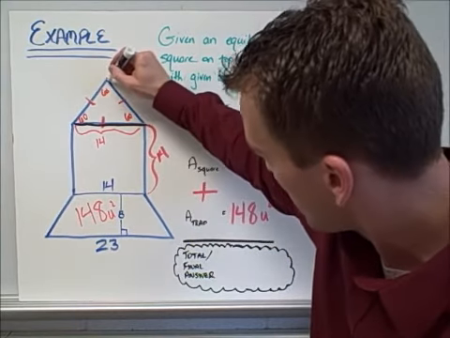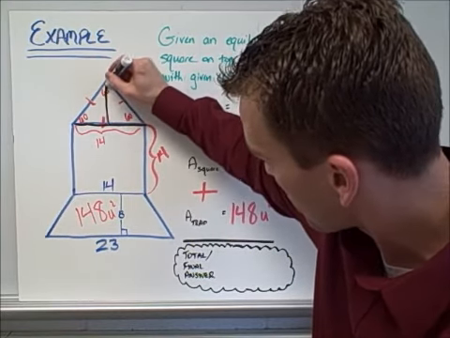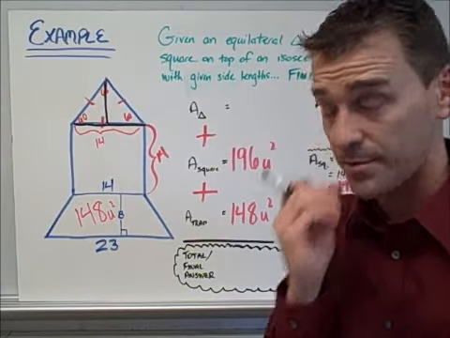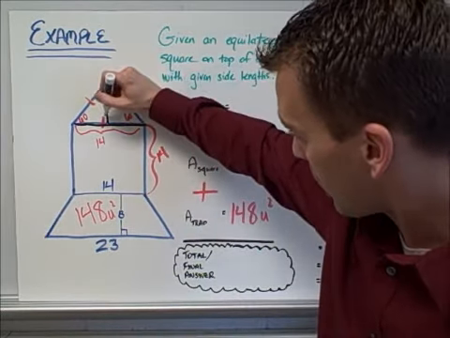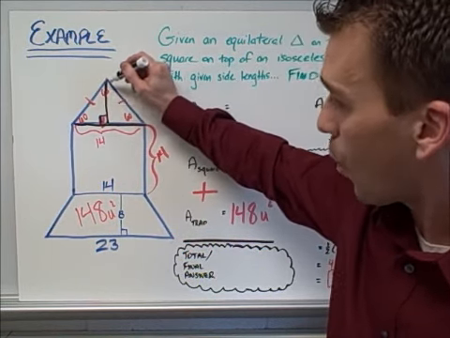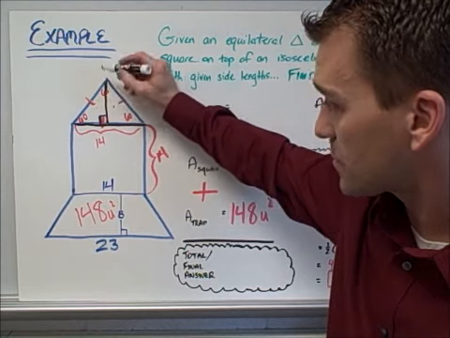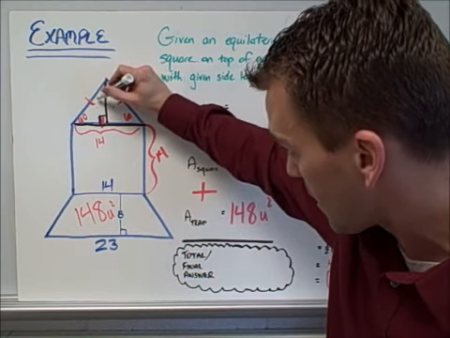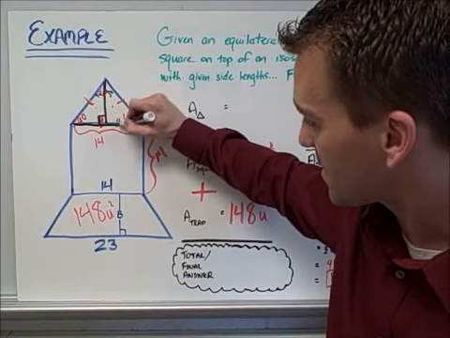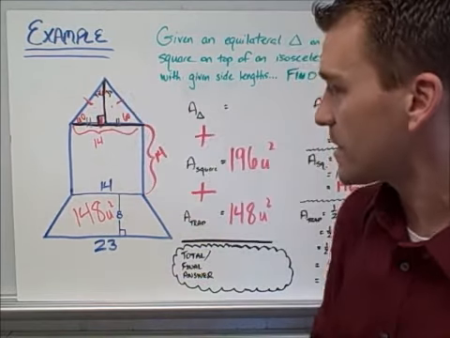Well, let's draw it. We've seen this a bunch throughout many questions in previous chapters. If I draw the altitude, it creates 2 triangles that are actually 30, 60, 90 triangles. Which means this side is equal to that side.